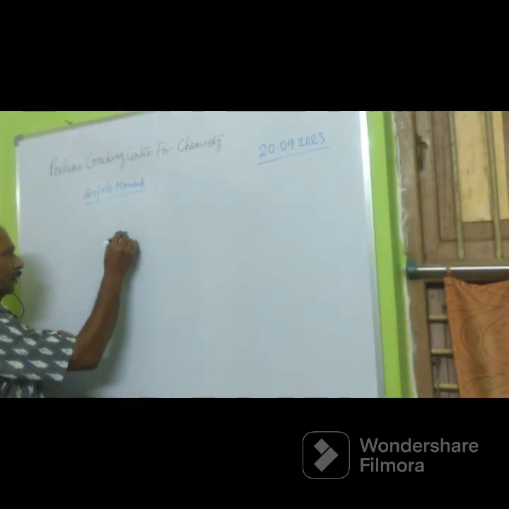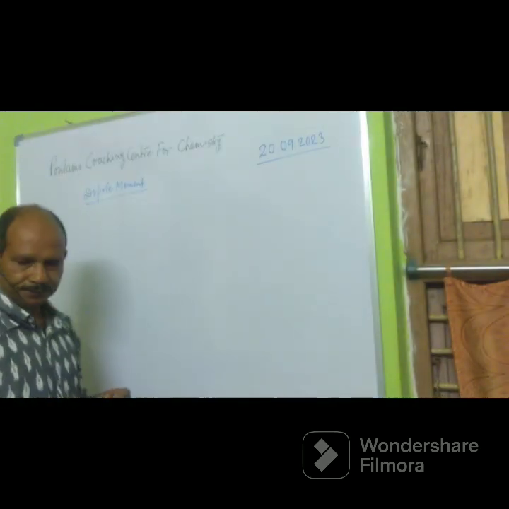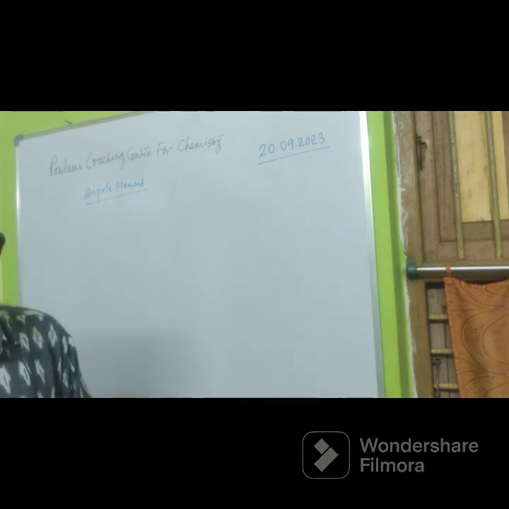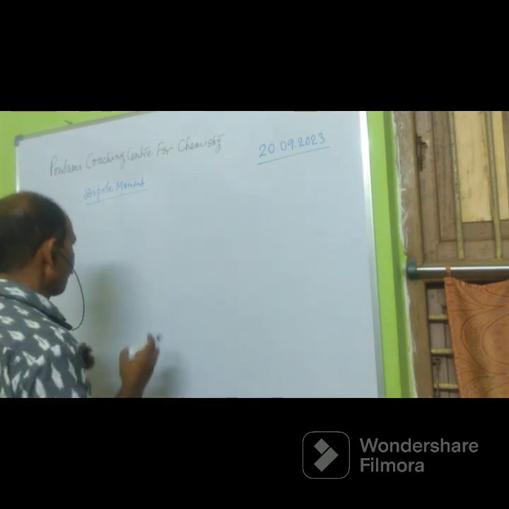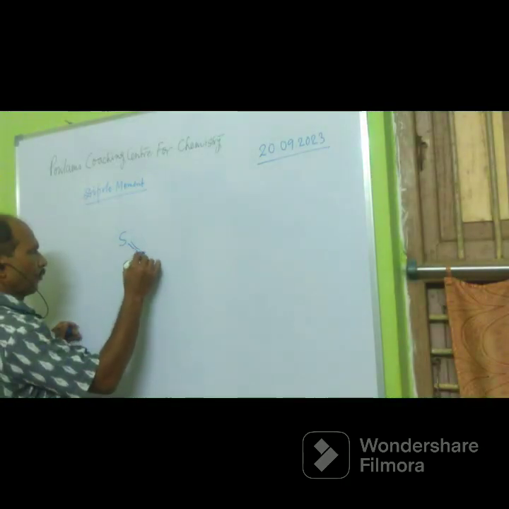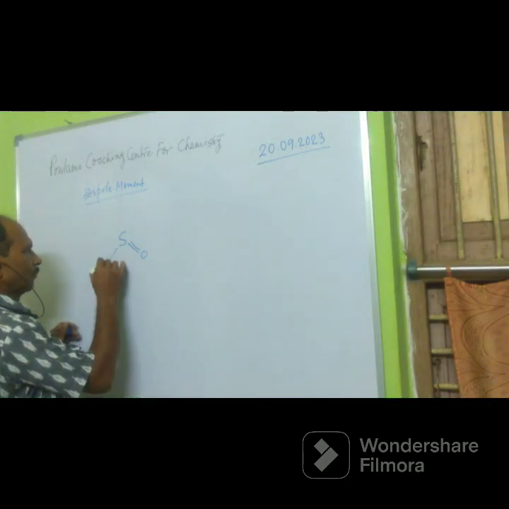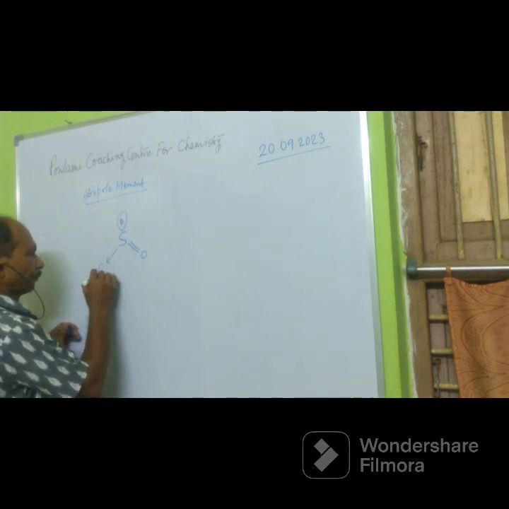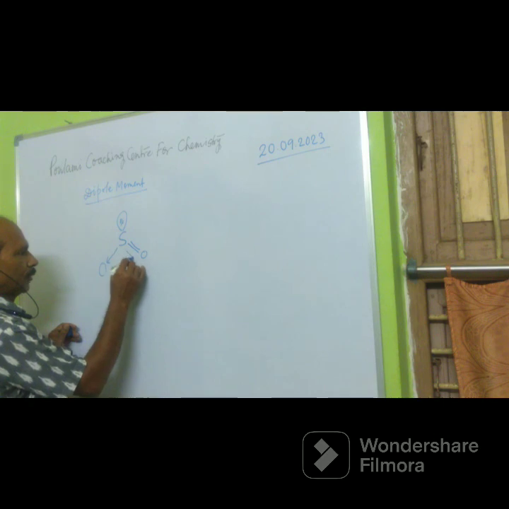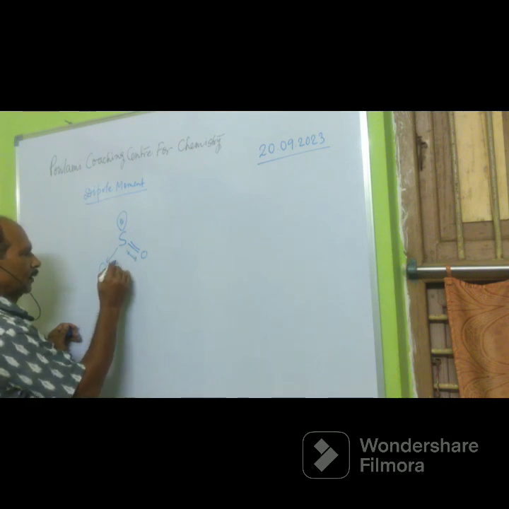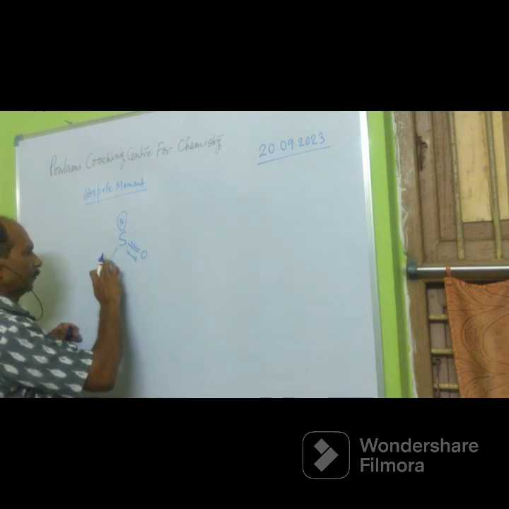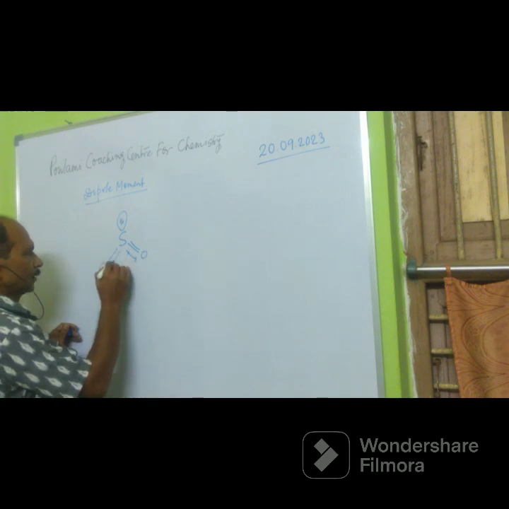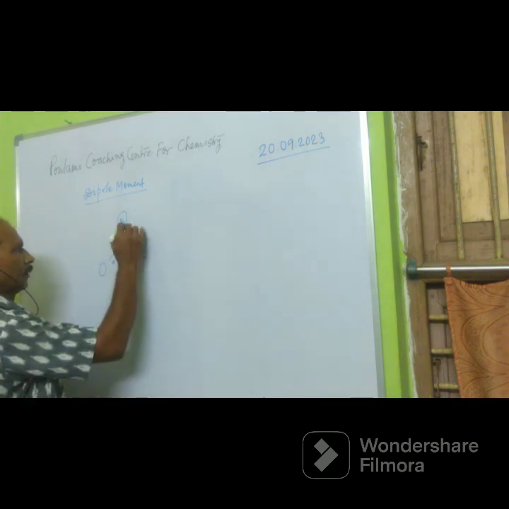If you take another example of sulfur dioxide, look at the structure. This is sulfur dioxide. It has one lone electron pair. This bond moment acts towards this angle, and this bond moment acts in this direction.